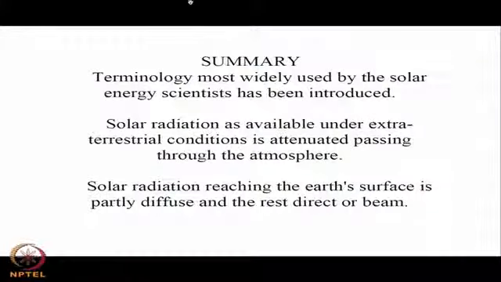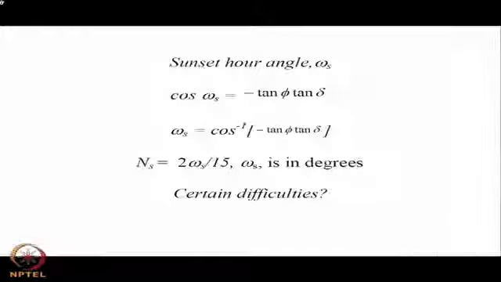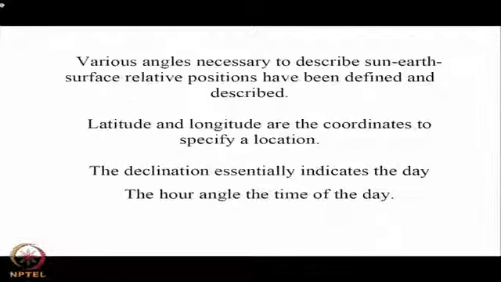So, we summarize here. Terminology most widely used by the solar energy scientists has been introduced. Solar radiation as available under extraterrestrial conditions is attenuated passing through the atmosphere. Solar radiation reaching the earth's surface is partly diffuse and the rest is direct or beam, and the various angles necessary to describe sun-earth-surface relative positions have been defined and described.